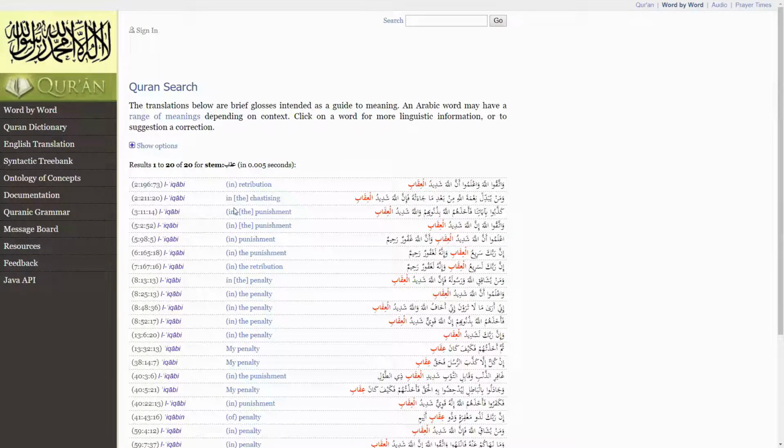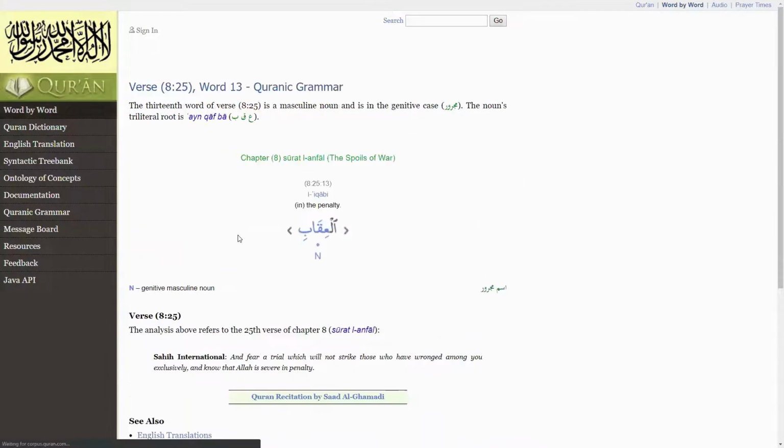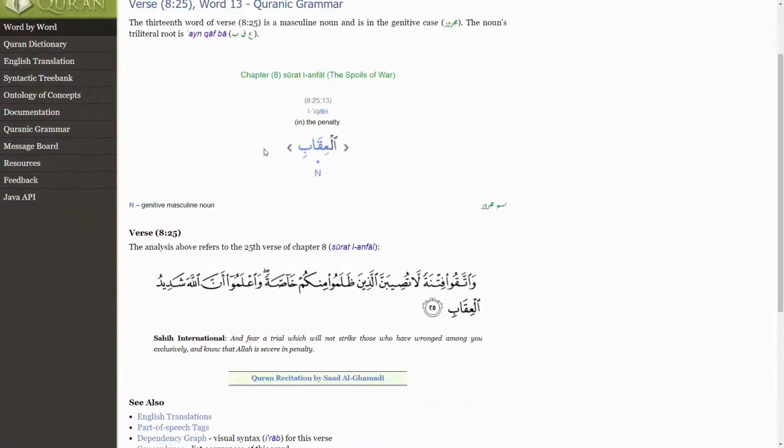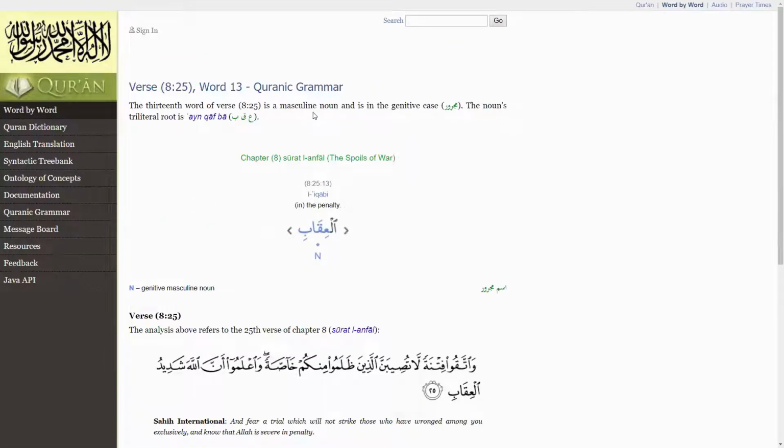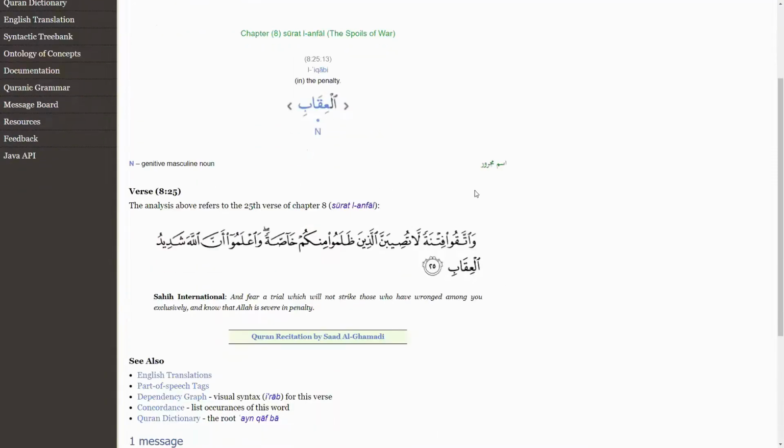Shadidul Iqab. Wa'alamu anna. Oh, it's in Surah Anfal, verse 25. We'll just do this verse.